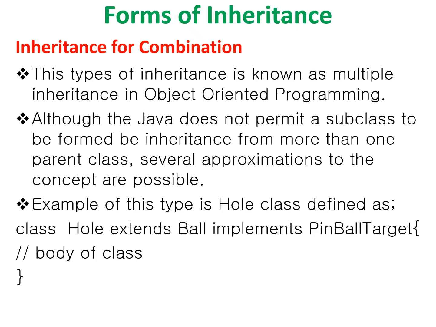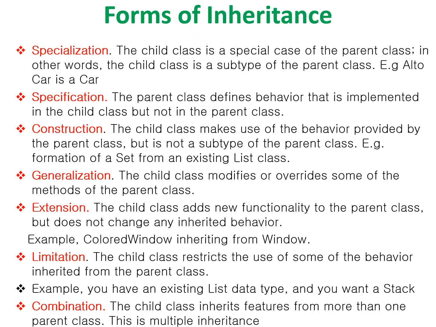Now the forms of inheritance. Specialization: a child class is a special case of the parent class. In other words, the child class is a subtype of the parent class. For example, a code path is a path specification.